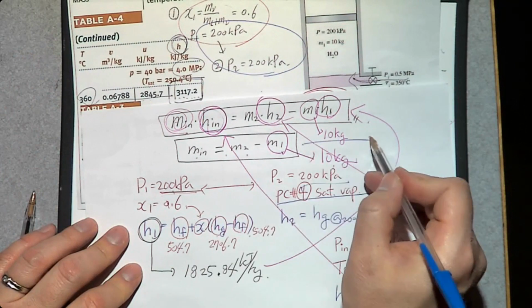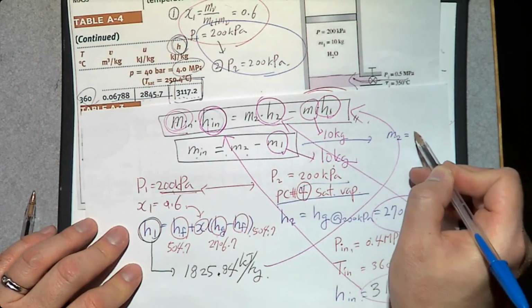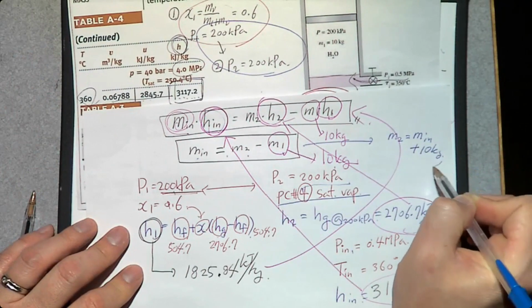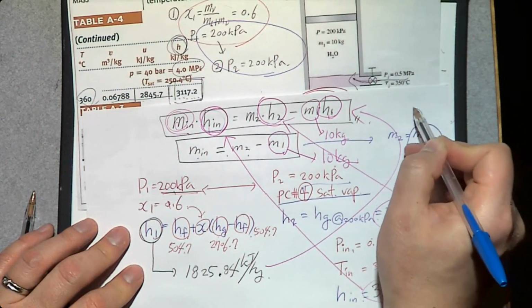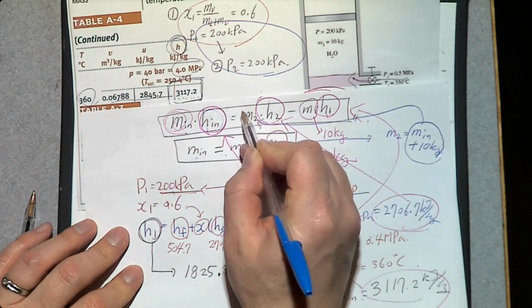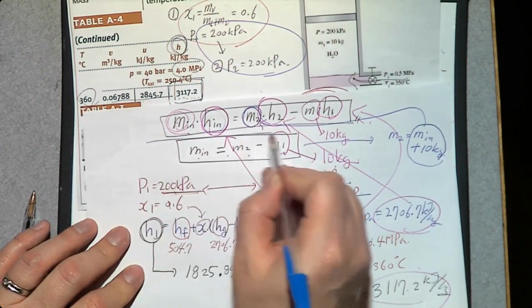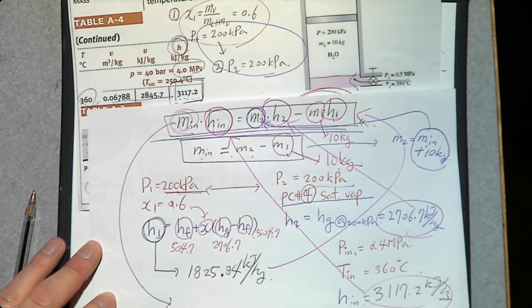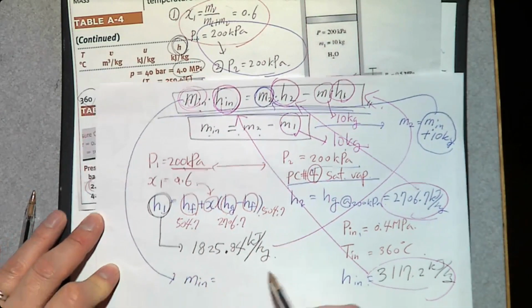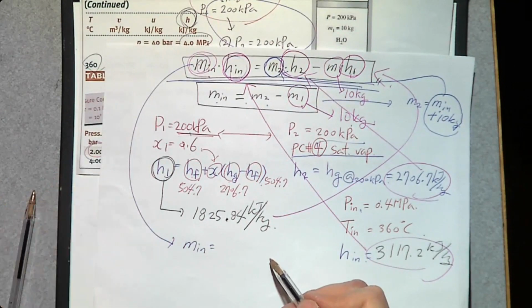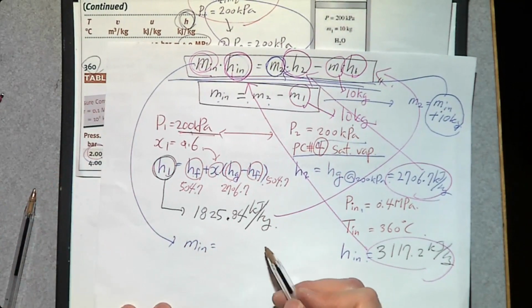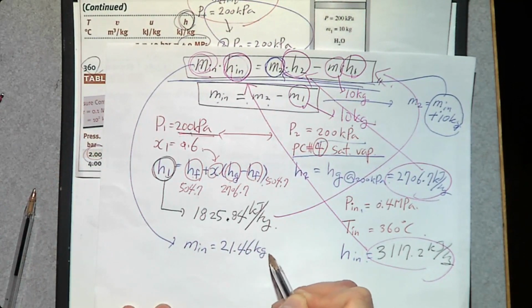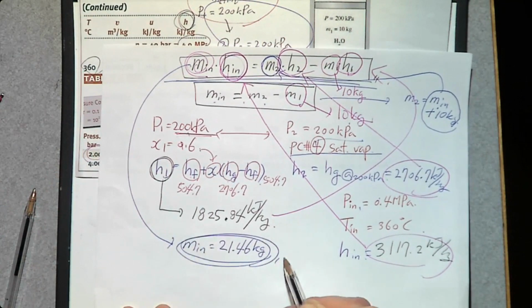In other words, M2 is M in plus 10 kilograms. Then M in plus 10 kilograms goes into this M2, and you only have M in this equation. That's how you can determine M in, which is 21.46 kilograms. So this is the mass entering the system.